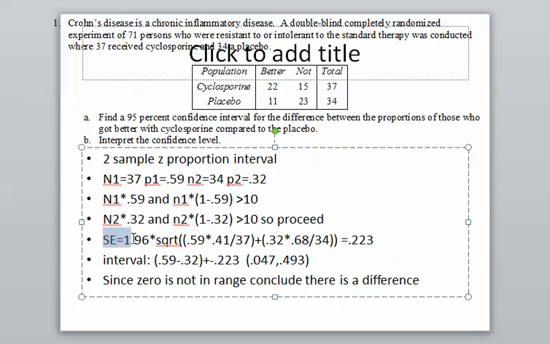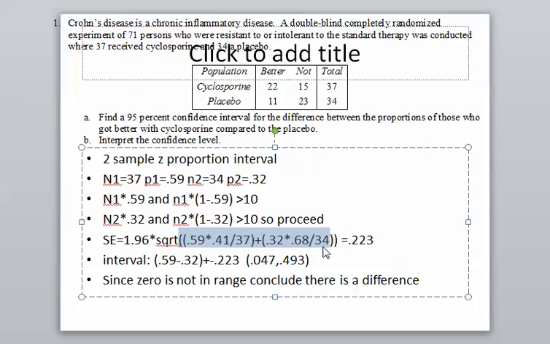My margin of error is 1.96 times the square root of all this information. Because my sample sizes were different, I have to use this formula. Remember, that's P times 1 minus P divided by 37 plus P times 1 minus P divided by 34.